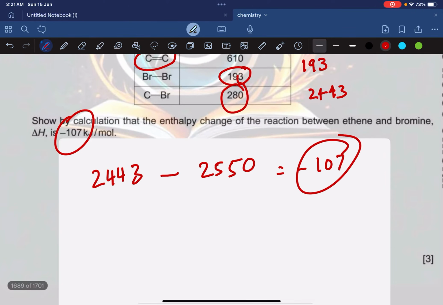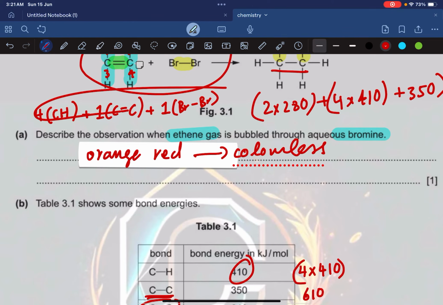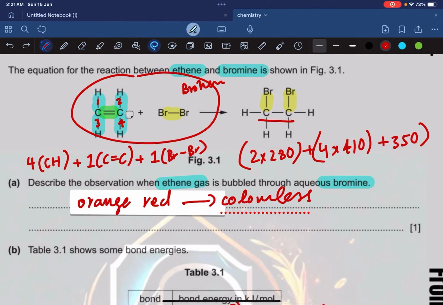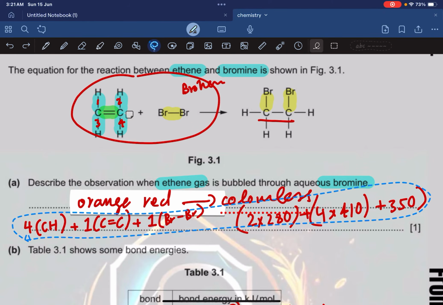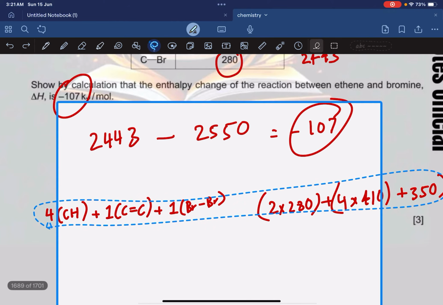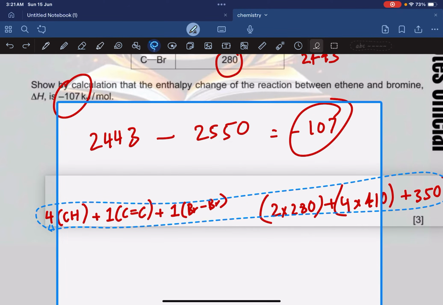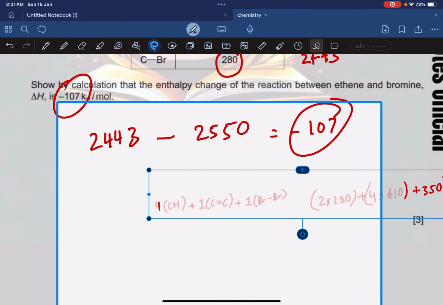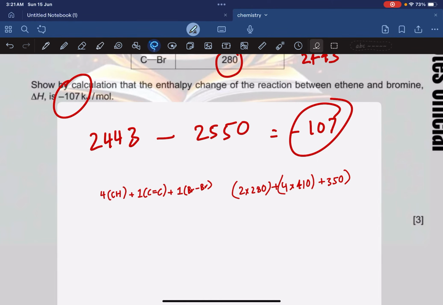So I just had to show all this working that I have done over here beneath. I can just copy it and paste it, because you're not going to get marks for directly writing the answer. You have to show the working that you have done. So we have done all the working.